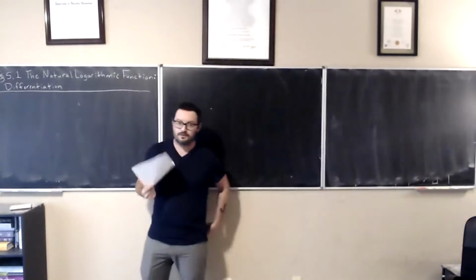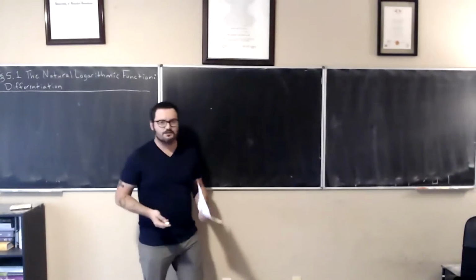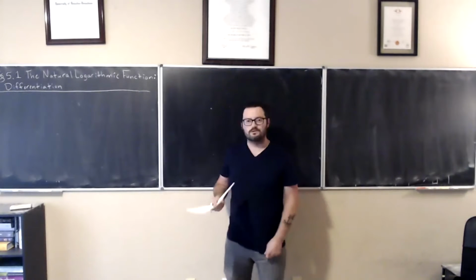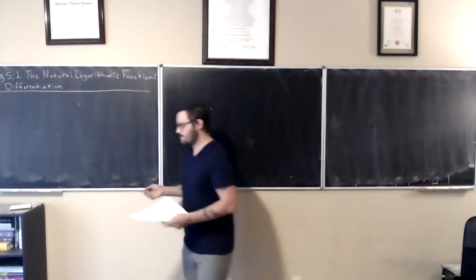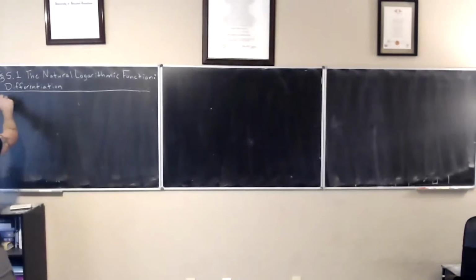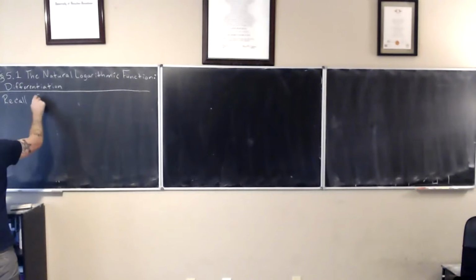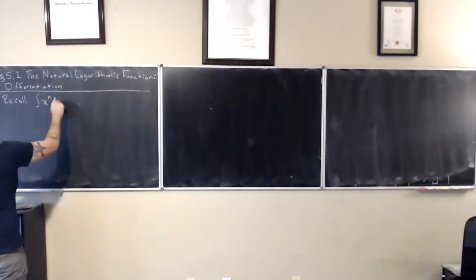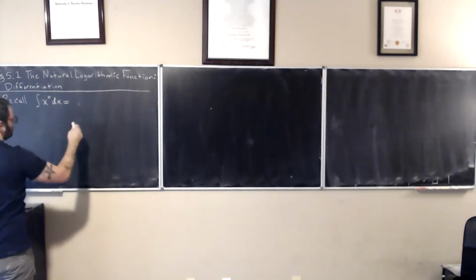So we'll begin by first recalling that there is a special condition on the power rule for antidifferentiation. So just first recall that the antiderivative of x to the power n dx, there was a formula for this, right?